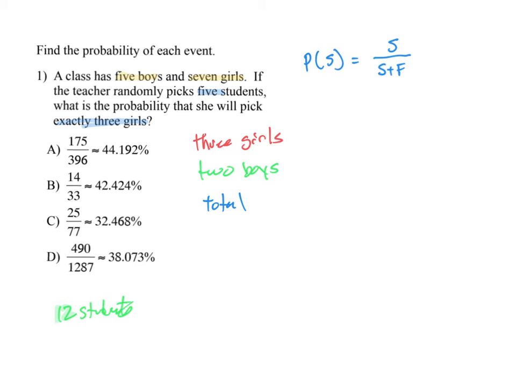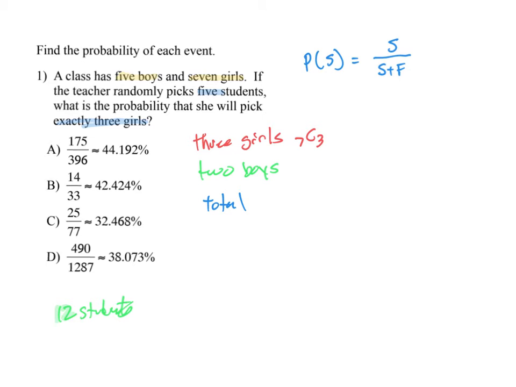Okay. So to figure out how to get 3 girls, we have 7 girls and we want to choose 3 of them. We use a combination. So we're going to do 7C3 to decide how many girls we get.